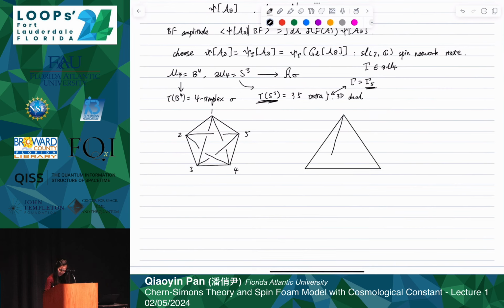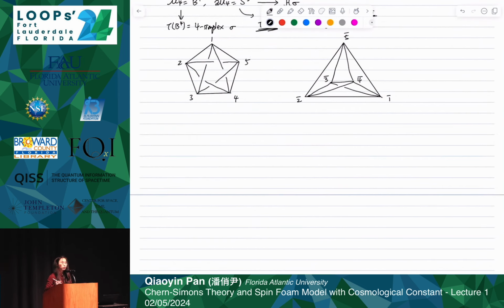I will put a bar: 1 bar, 2 bar, 5 bar, 3 bar, 4 bar. And in what sense are these two 3D dual? It's in the following sense. So I draw a table of them. The left column is a triangulation of the 3-sphere. And on the right, I have the gamma 5 graph.